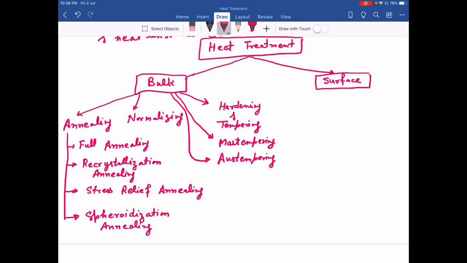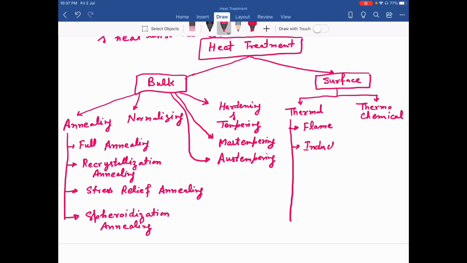Okay. Then the various surface heat treatment processes are, the one category is of thermal processes, another one is thermochemical. Okay. Now the thermal processes, these are like flame hardening. Okay. Or by using flame, we can heat treat the surface of the material. Another one is the induction process. Okay. Then we have laser, and then we have electron beam.